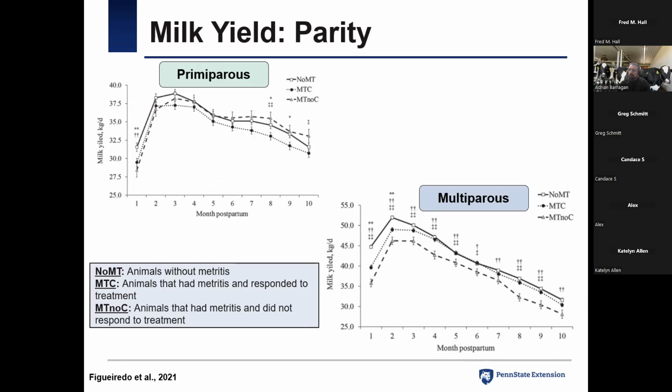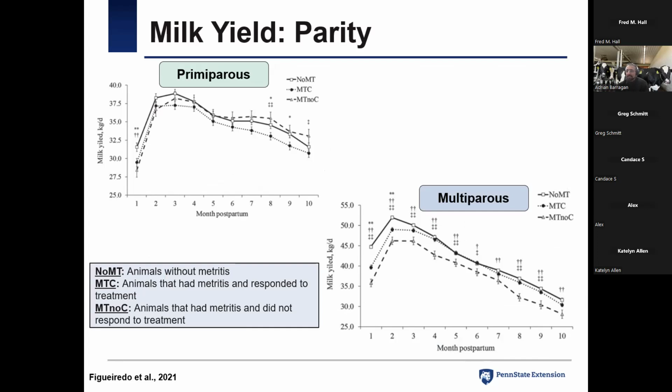It's another study that also looked into milk yield, and they found similar associations when it comes to parity. They found a more profound effect on multiparous cows, which is interesting given these similarities between labs. But in this study, they have a different categorization, okay?